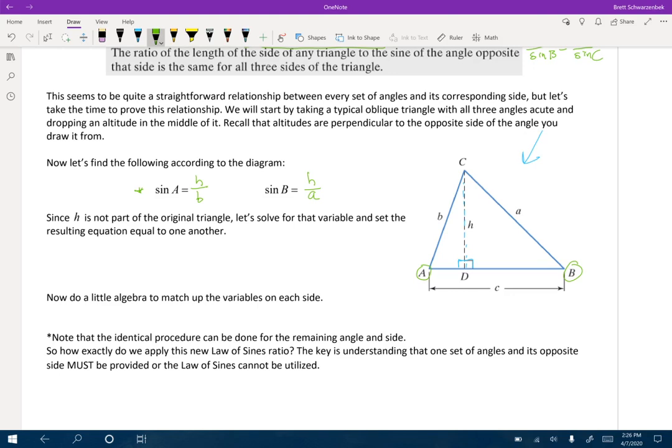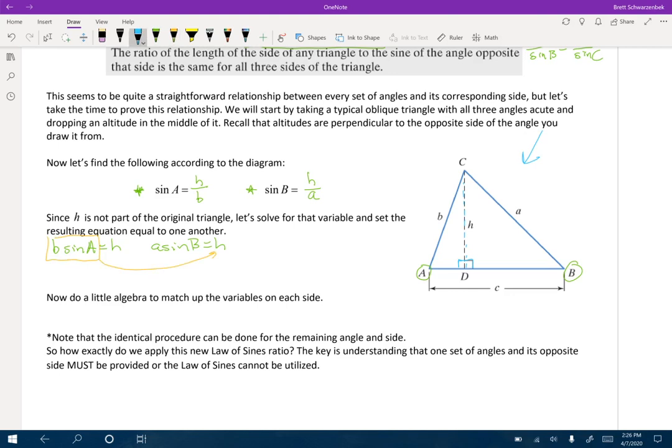So let's take the first equation and multiply both sides by b to solve for h. We get b sine A equals h. What about the other equation? If we multiply both sides by a, we get a sine B equals h. Therefore, since b sine A is equal to h, we can put it in for h in the other equation.